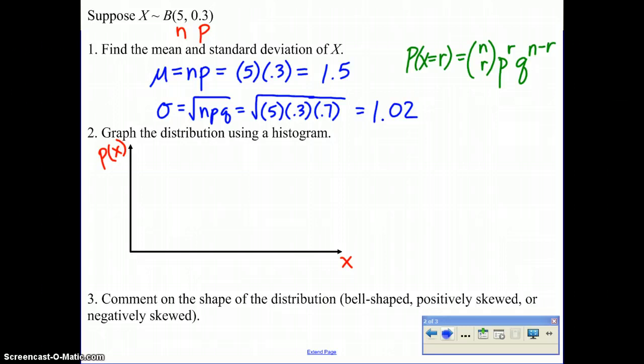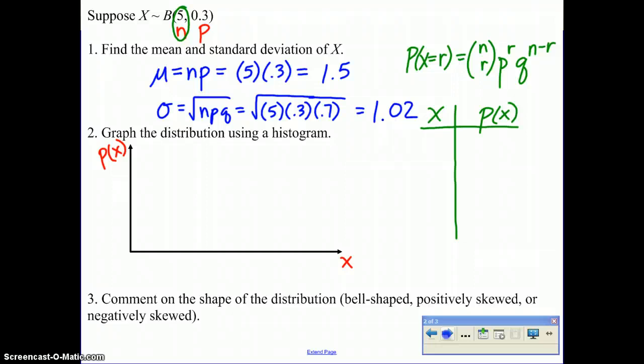So I'm going to make a little table here for us. We're going to compare x to P of x. Now, we need to consider all the possible outcomes. In this binomial distribution, n is 5. In other words, we have 5 trials occurring. Doesn't matter what we're looking at.